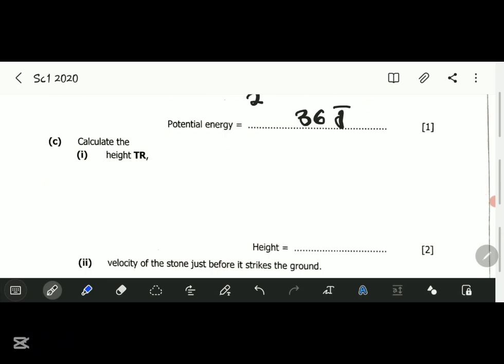We know that the gravitational potential energy is equal to mgh. We've been given that the potential energy is 72 joules. That will be equal to the mass, which is 2 kilograms, multiplied by 10, the acceleration due to gravity, multiplied by h.